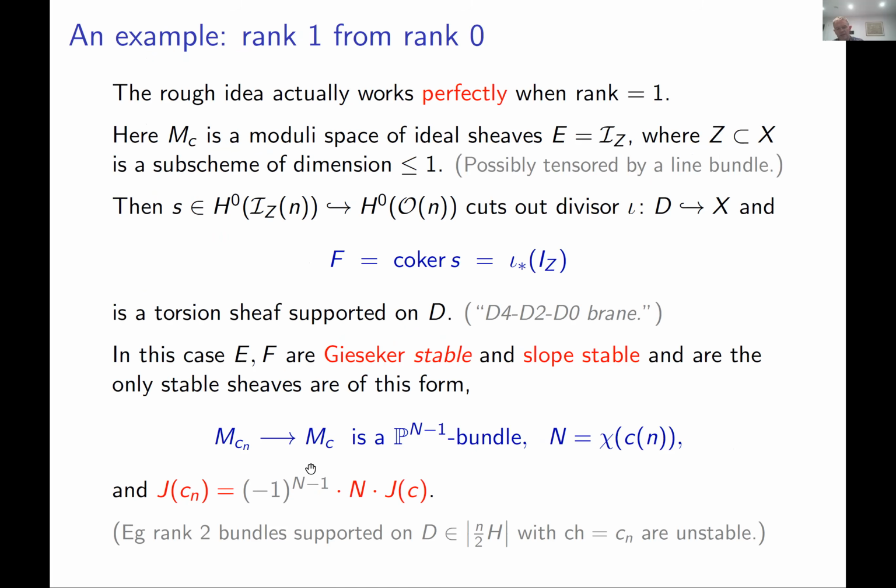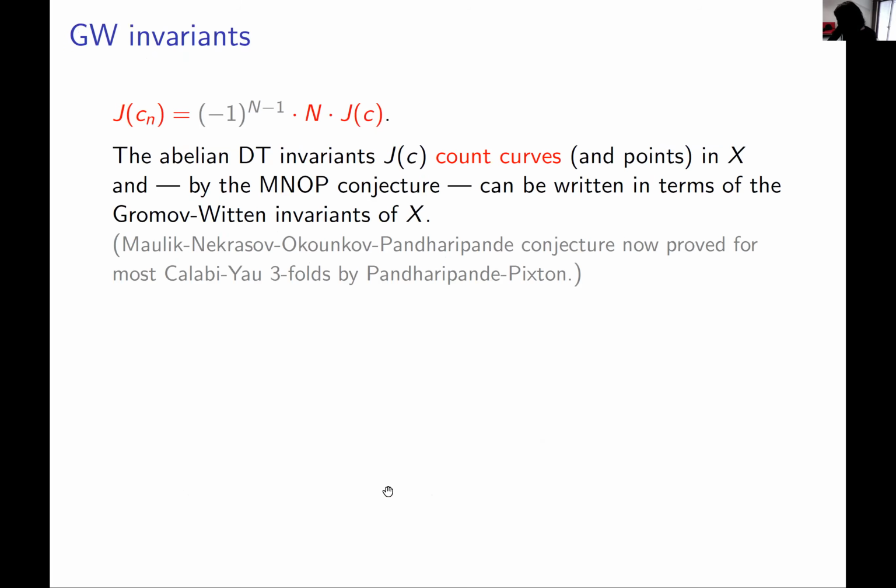And we express them in terms of the rank 1 invariants, where there's one D6 brane. So the right-hand side is expressed in terms of Gromov-Witten theory. So we're claiming that there's such a relation.